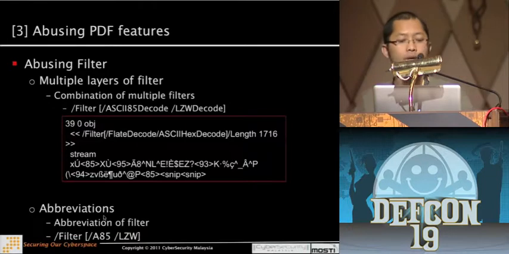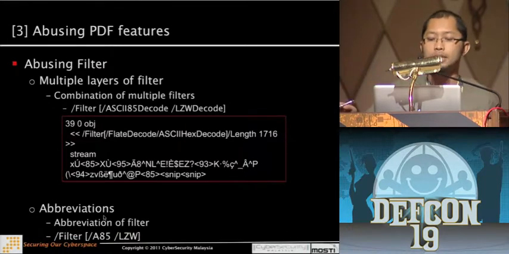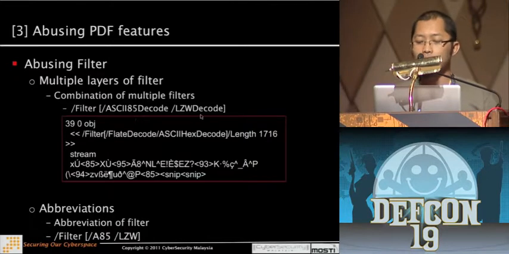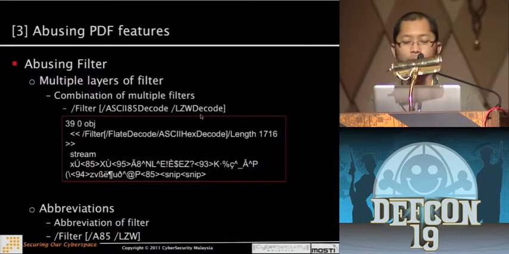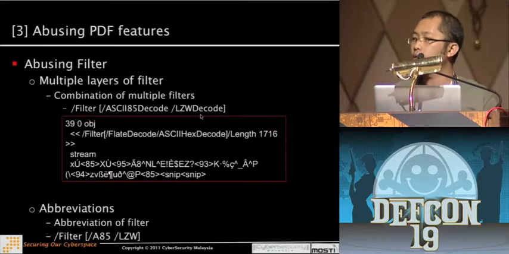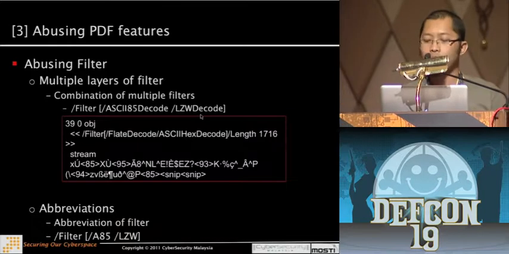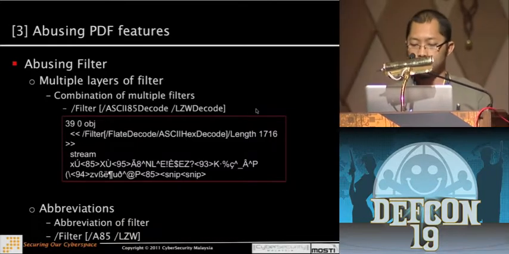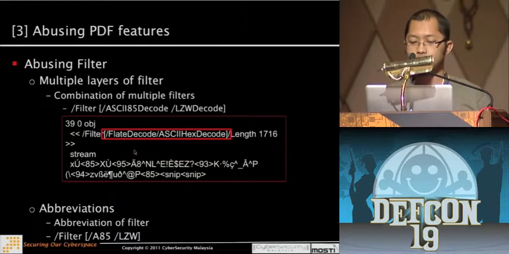You can also abuse the filter by implementing multiple layers of filters. For example, you can combine ASCII85Decode with LZWDecode. There is no limit to how you can play around with it, so you can add multiple filters. For example, this one implements FlateDecode and then does ASCIIHexDecode later on.